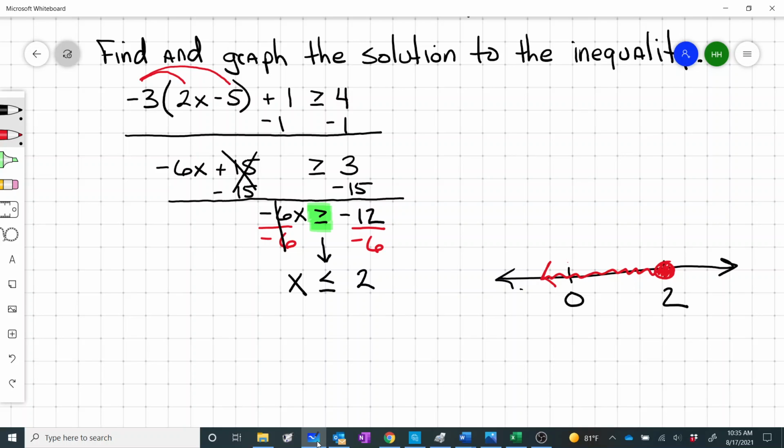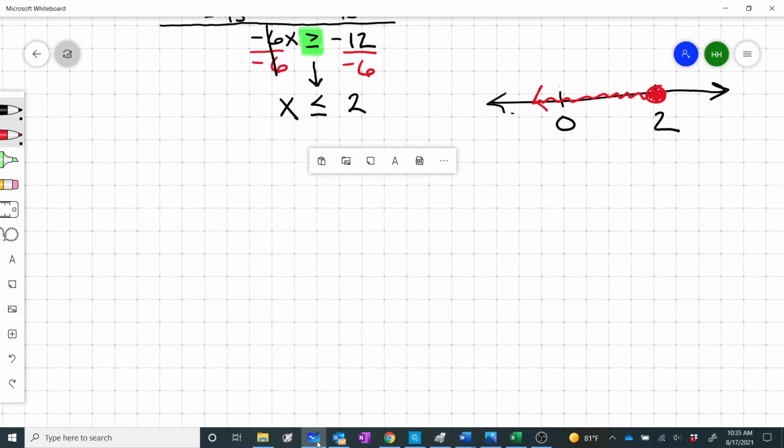Alright, let's do another one of these. Let's try negative 2 times x plus 9, plus 5, less than or equal to 3.